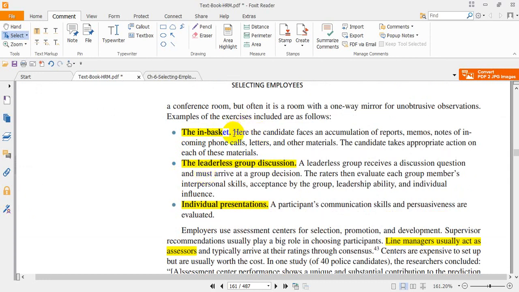The in-basket: here the candidate faces an accumulation of reports, memos, notes, incoming phone calls, letters, and other materials.